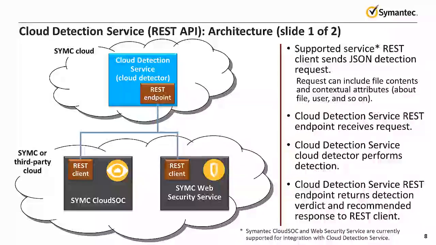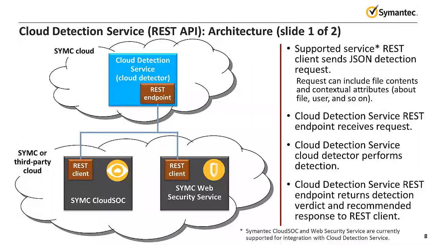As shown in this figure, the supported services use REST clients to communicate through JSON detection requests with a REST endpoint. This endpoint is incorporated into the Cloud Detection Service Cloud Detector. For example, the REST client in CloudSOC can send a JSON request to Cloud Detection Service for detection analysis.